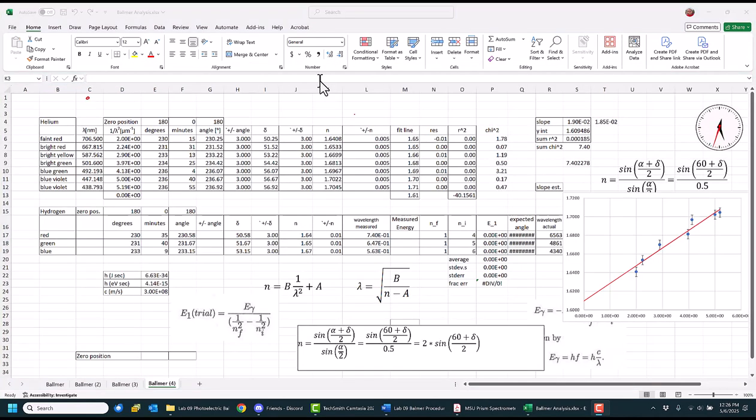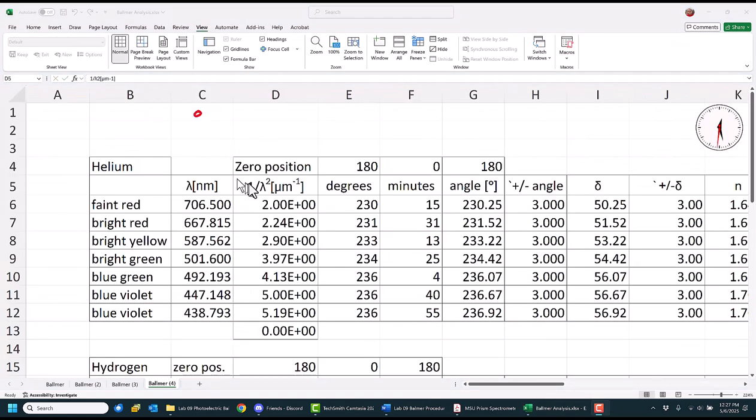Okay, so I made one key error, and it's over here. 1 over lambda squared is supposed to be in micrometers, and I converted it into meters. And so in the spreadsheet you have, well, let me pause this a moment. I want to zoom in. All right, so as I was saying, this is supposed to be in micrometers.